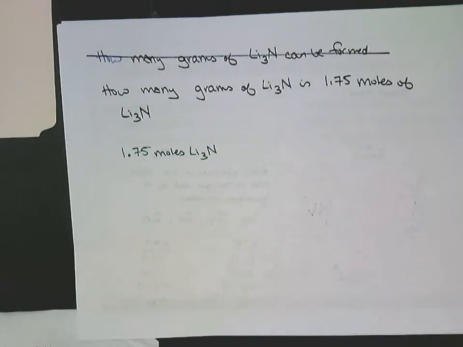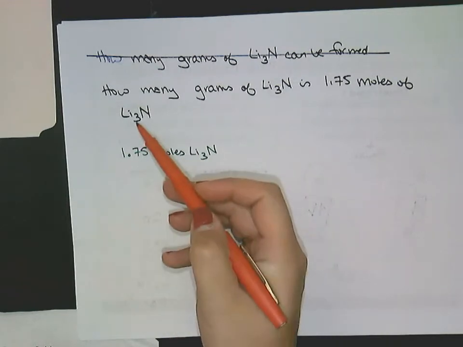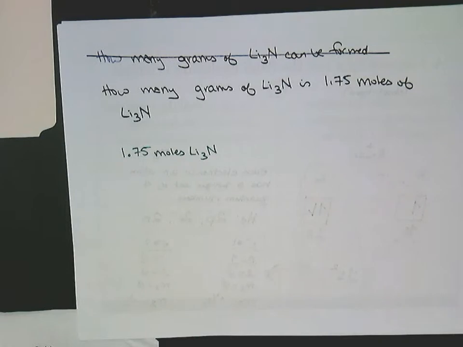So what thing do you need in order to be able to go from moles to grams? What's our conversion factor for things like this? Molar mass, right, or atomic weight. How would I go about figuring out the atomic weight of something that has 3 lithiums and 1 nitrogen? Yeah, the periodic table, I would need that.